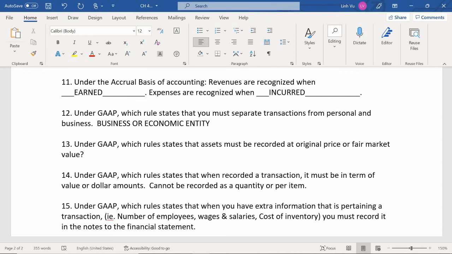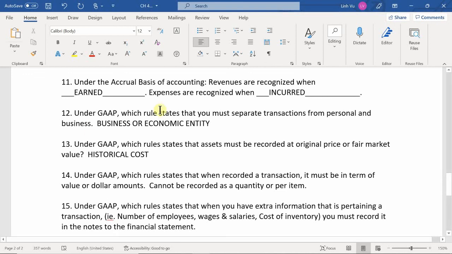But in this case, the rule basically says that when you purchase stuff, you have to put it at its original value, in this case fair market value, or how much you paid for it. Now, this isn't in terms of measuring or establishing some kind of unit. Historical cost. This is historical cost, yes.